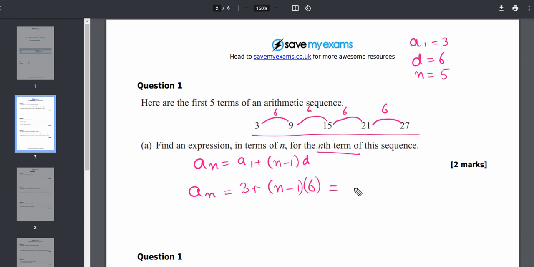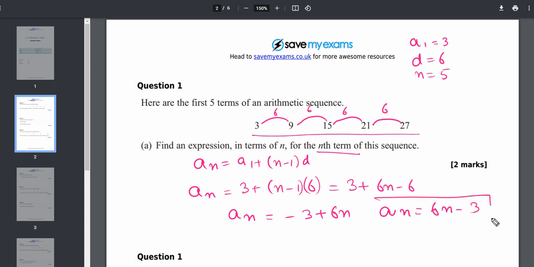I'll expand the brackets and solve it. So it'll be 3 plus 6n minus 6. So my expression for the nth term will become equal to minus 3 plus 6n, or an equals 6n minus 3. So this will be my expression for the nth term.